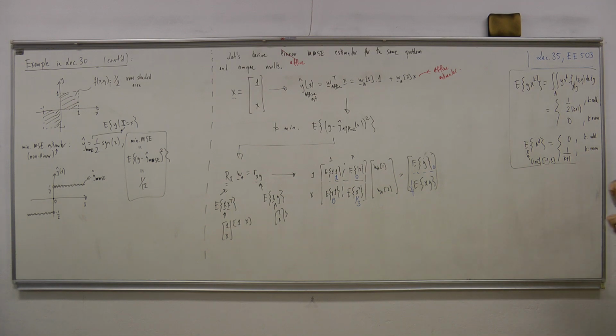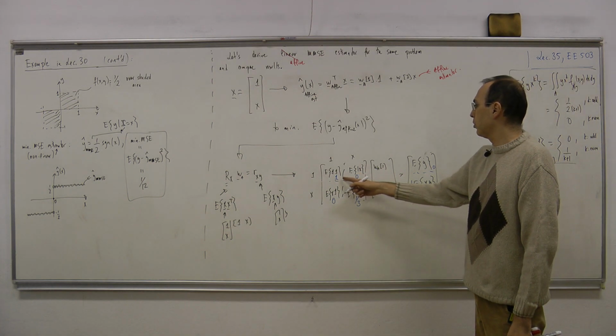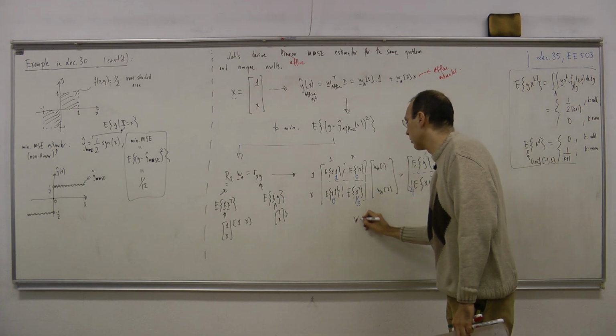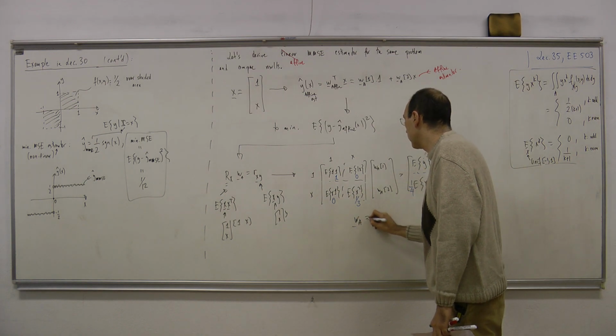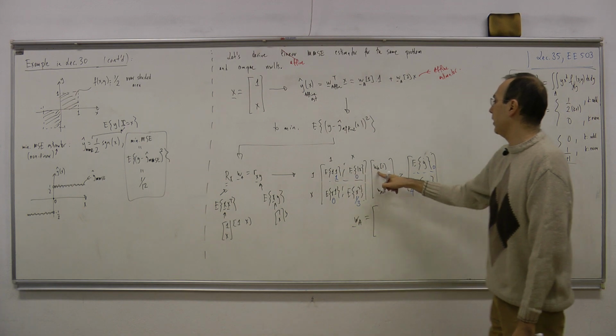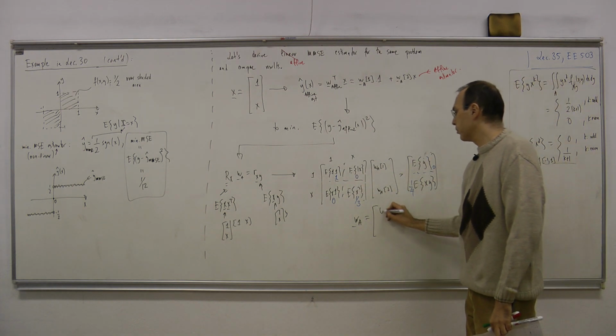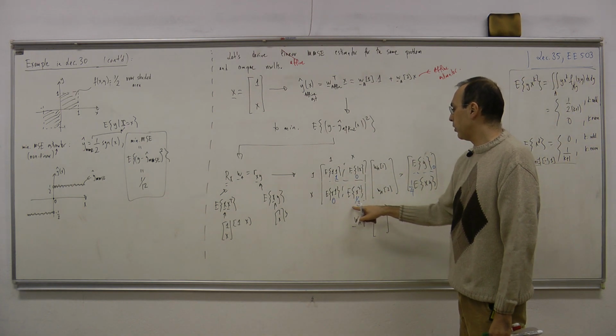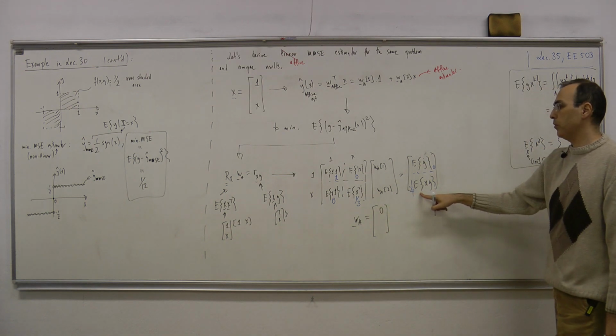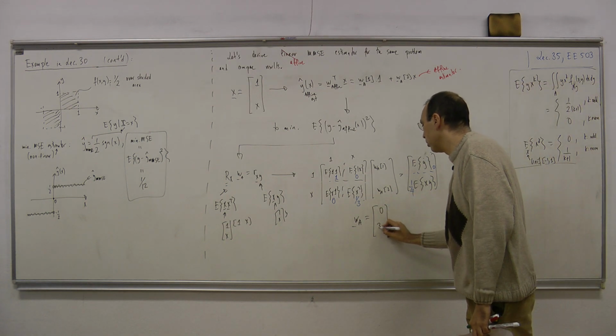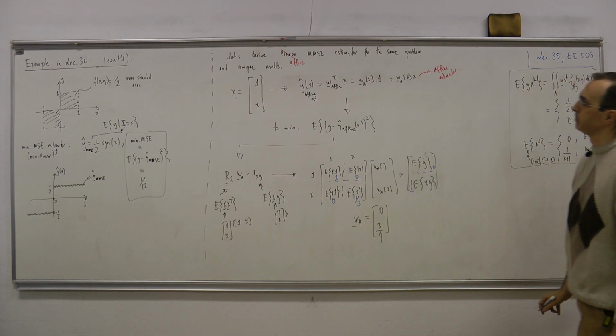So what is the solution of this? So you see the first vector is 1 times something is equal to 0. So this is 0. So 1 over 3 times something is equal to 1 over 4. Then this is equal to 3 over 4. Okay.